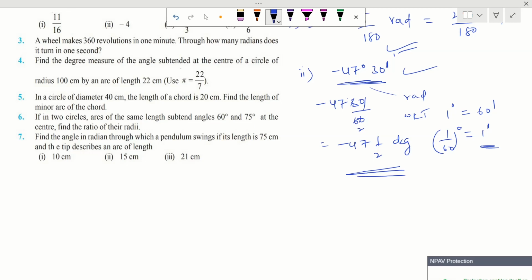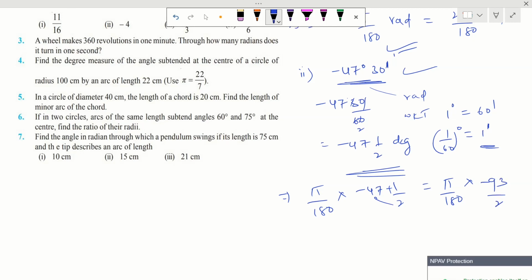Now we can convert this into radian. We multiply 47 and 1 by 2 with pi by 180. 47 times 2 is 94, plus 1 is 95, so it is 95 by 2.